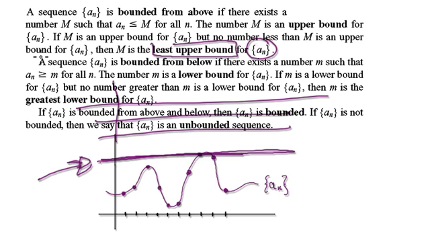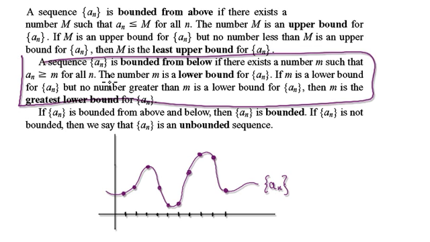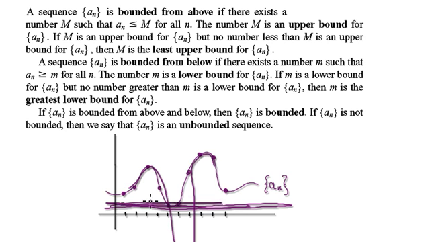I will carry on actually. So this bit here is pretty much the same as the above, but it's saying that it's bounded from below, meaning that there's like a floor to this sequence where the sequence will never go below that floor.